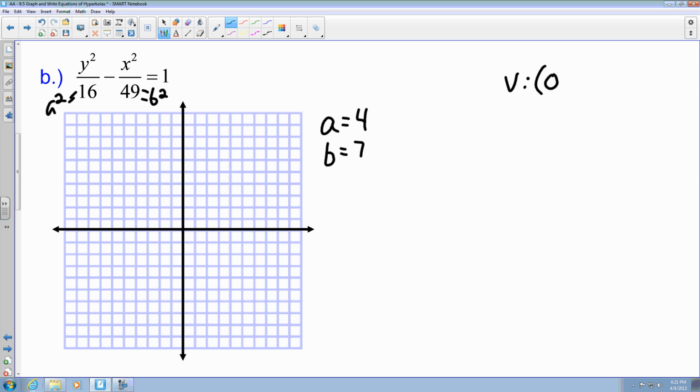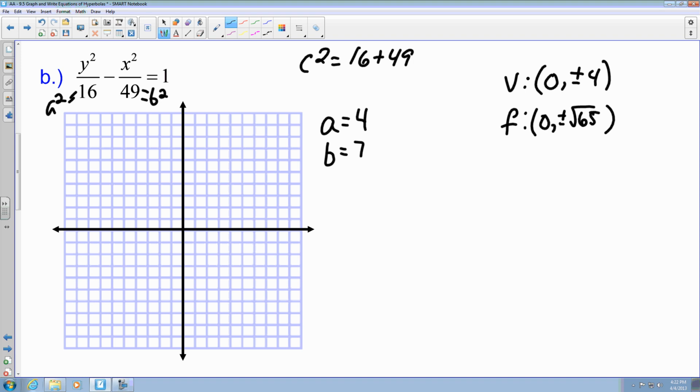It's going to be 0, comma, plus or minus 4. Our foci, which is denoted by c, can be found using c squared equals 16 plus 49. 16 plus 49 gives me 65, so that means c is going to be the square root of 65. So I'm going to go 0, comma, plus or minus the square root of 65.